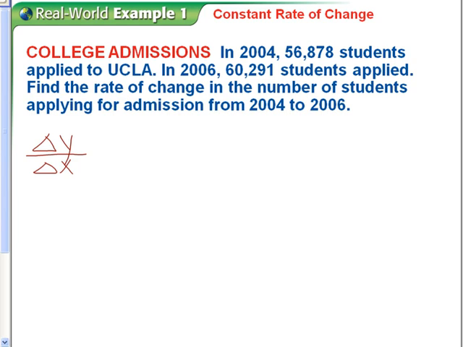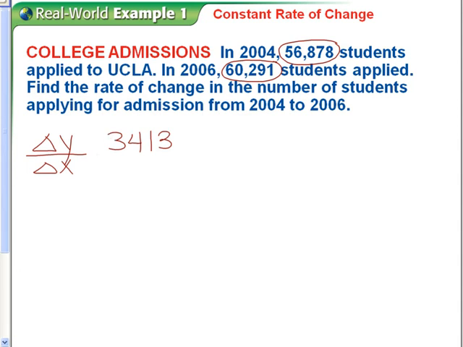So our number of students would go from approximately 57,000 up to approximately 60,000. So we're going to figure that out by subtracting those two. Alright, so grab out your calculators, subtract those two numbers, and I believe you get 3,413.